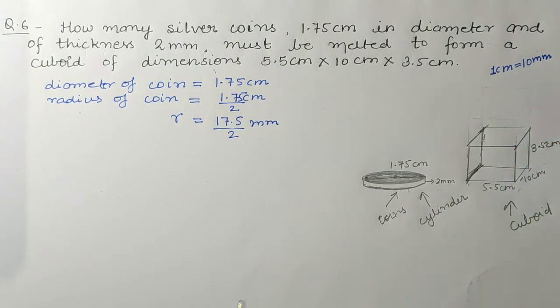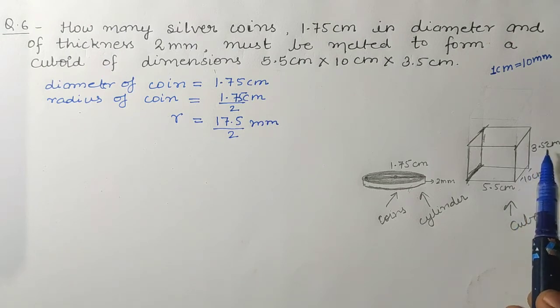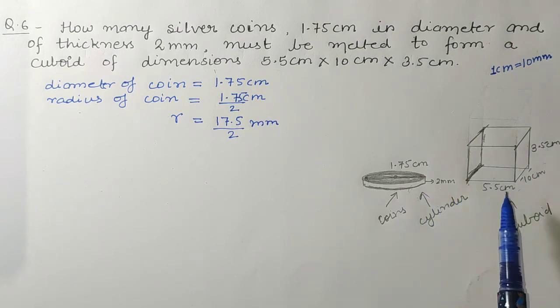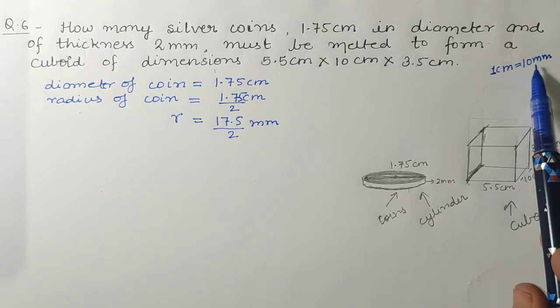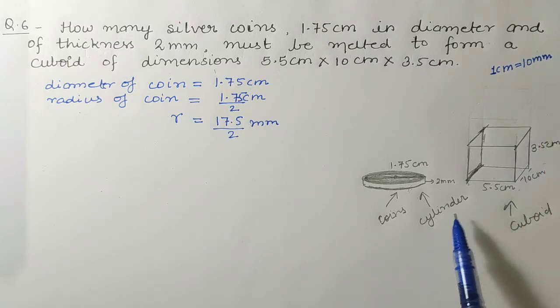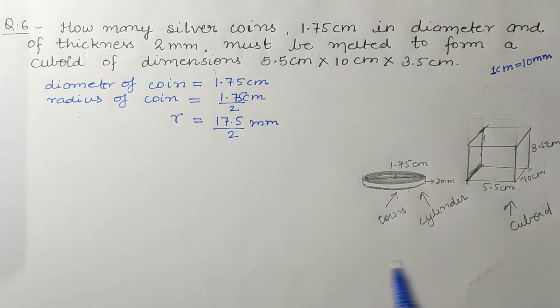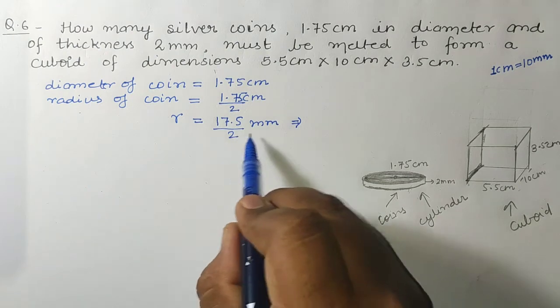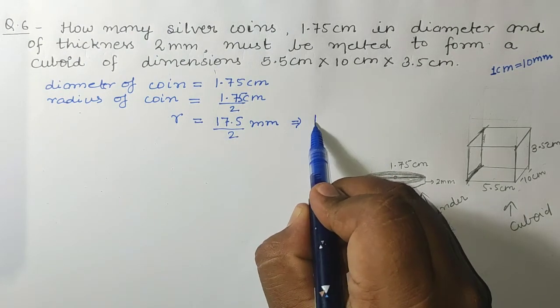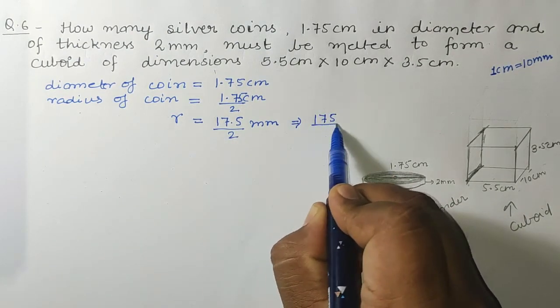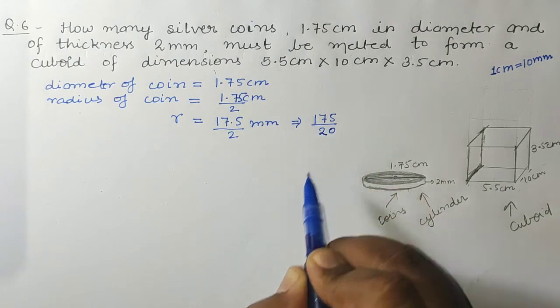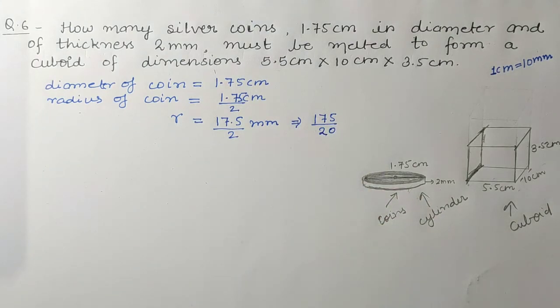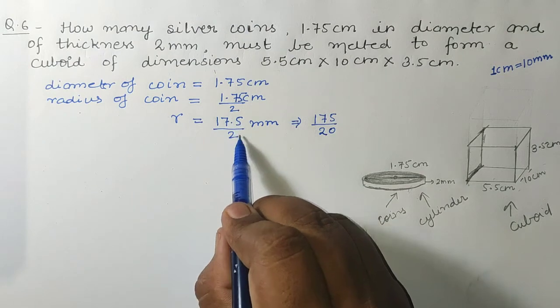So here we are changing all the dimensions. See, in many places decimals are there, so if we multiply by 10 so that it will be in millimeter, the numbers will be easy and the calculation will also be easy. This 17.5 upon 2 can be written as 175 upon 20, if we multiply 10 upon 10.